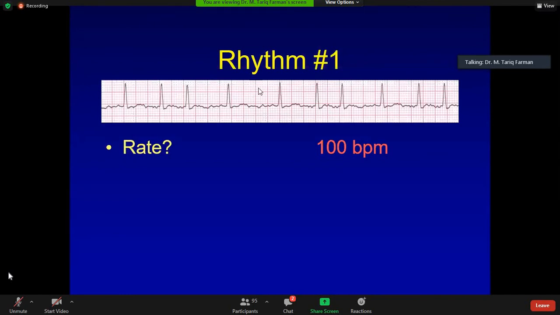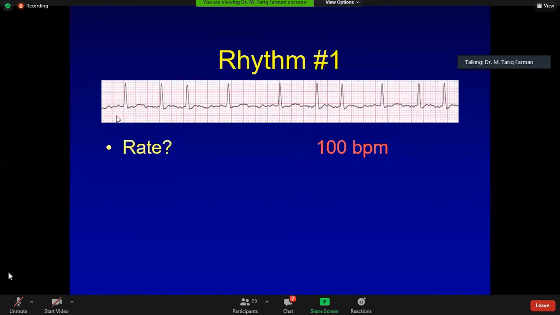Here, 300, 150, 100, 75 is there. So the method of calculating heart rate that I have told you earlier is not applicable. So how can you calculate the heart rate if the rhythm is irregular? Like in atrial fibrillation, the rhythm is always irregular.